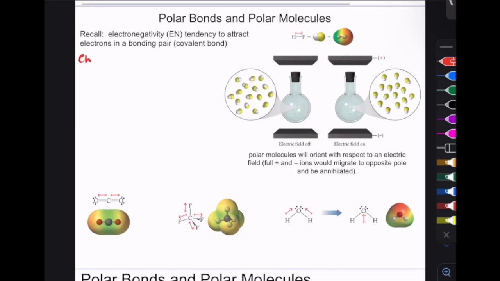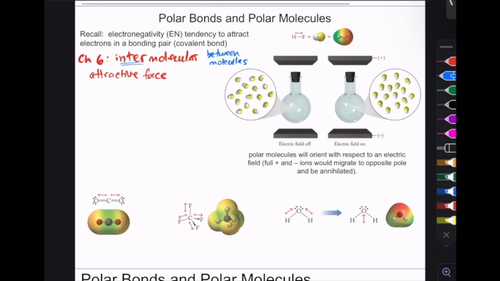Chapter 6 is on intermolecular attractive forces. Inter means between molecules. We've been talking about intramolecular interactions, those are the covalent and ionic bonds.